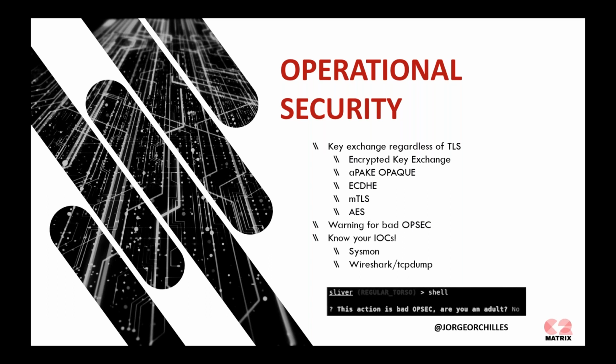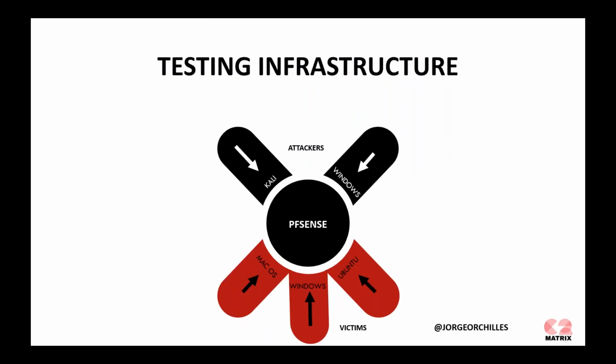As for my testing infrastructure, I created a pfSense firewall with multiple zones. One zone was the attacker zone. I tried to do everything on Kali. For certain ones, they just did not want to work on Kali.